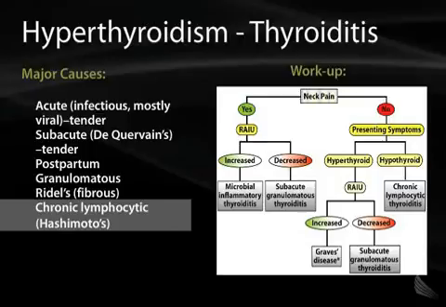So in all cases of thyroiditis, at least in the initial phases, there is the possibility that patients could manifest symptoms of hyperthyroidism. However, as you will notice later, thyroiditis generally progresses and ultimately progresses to hypothyroidism, as is the classic case seen with chronic lymphocytic or Hashimoto's thyroiditis.